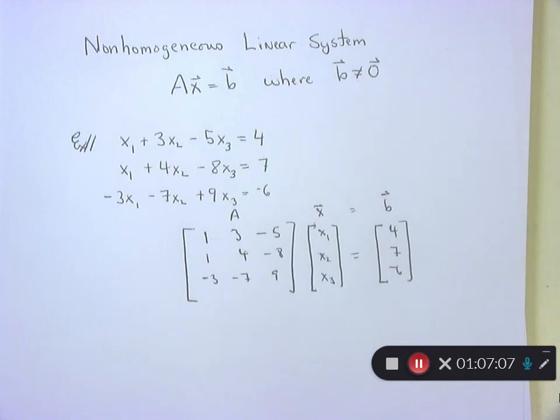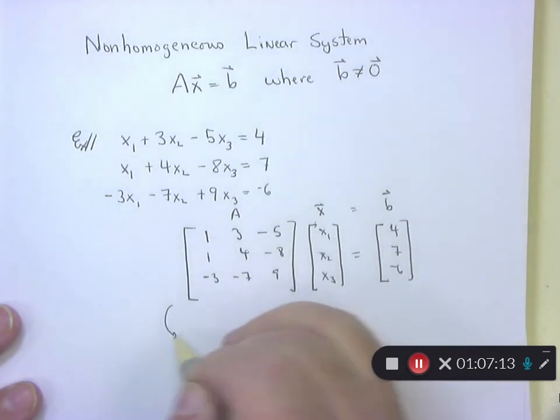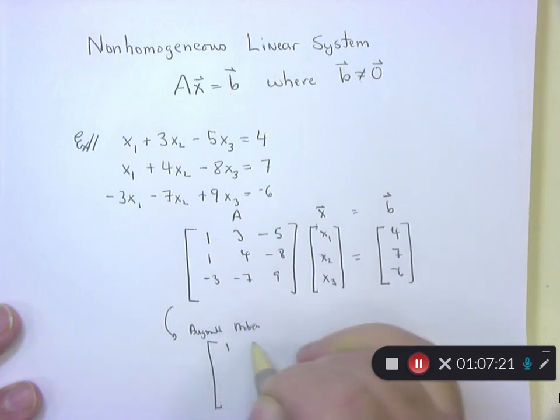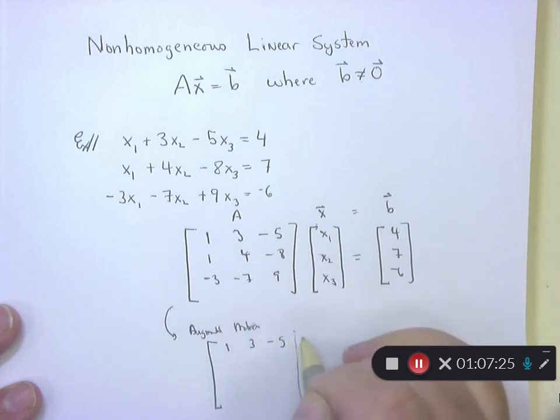And how did you guys solve a non-homogeneous system? Again, augmented matrix. By doing this. 1, 3, negative 5, augmented with the 4. 1, 4, negative 8, augmented with the 7.